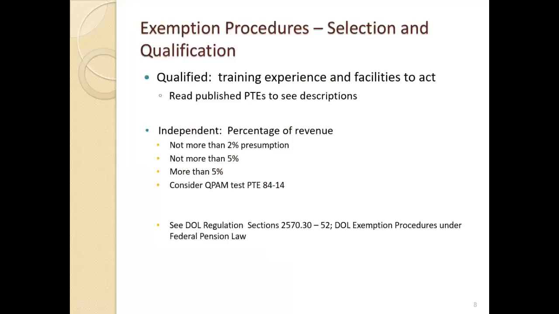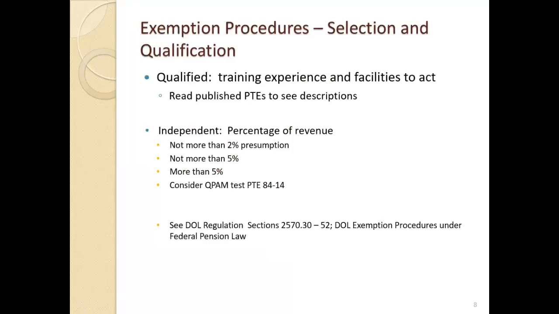Qualifications, it's pretty obvious. When you really think about it, it's not really different than defining an expert for any vendor. And the process is making sure that whoever you hire as your independent fiduciary has the right training, the experience, the bandwidth, the resources, the capability to act.